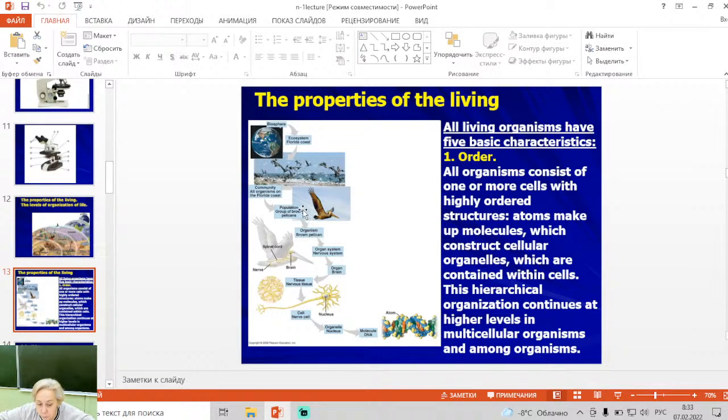Organisms form a population. You can see a group of brown pelicans. Populations form a community. It's all organisms on, for example, the Florida coasts. Communities with their habitat form an ecosystem. All ecosystems of our planet form the biosphere.